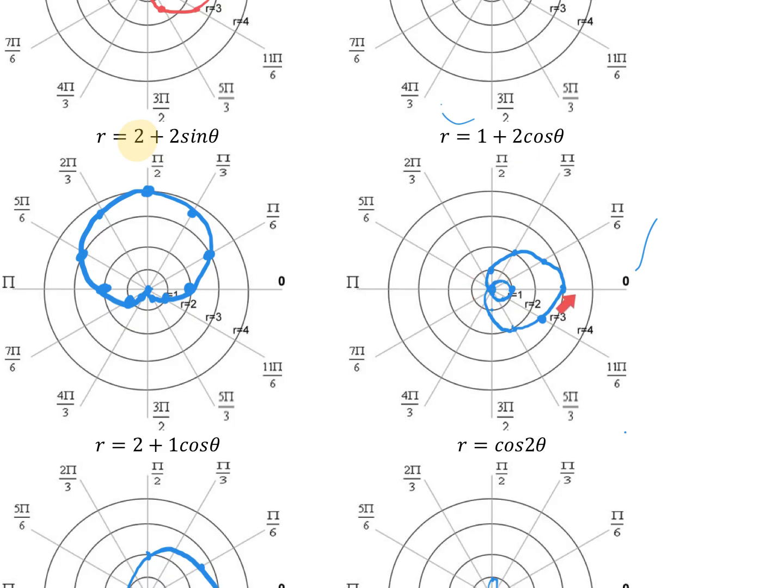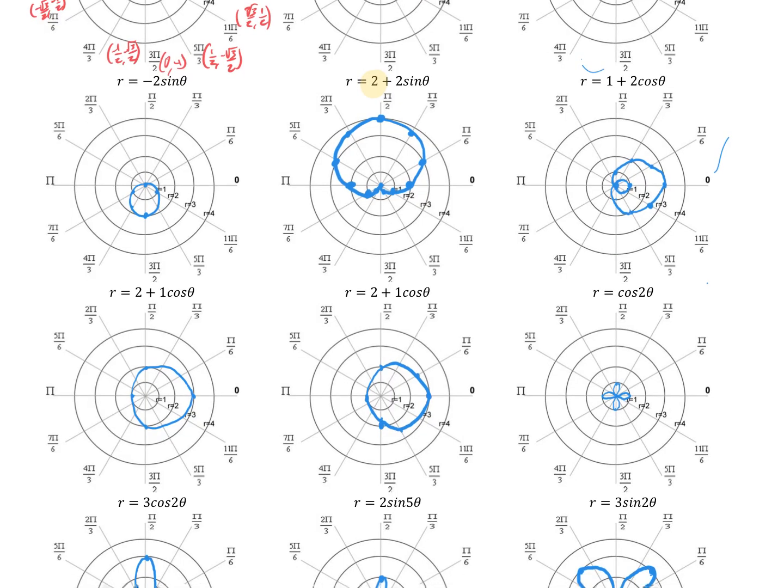Now, this is cosine, so it's going to the right. This is sine, so it was going up, okay? But we only added 1, so it ends up getting this little loop here. Kind of interesting, all right? And some idea if we have 2 plus 1, then we're going to get this kind of circle-y shape here. It's not exactly a circle. It's kind of flat on one side.